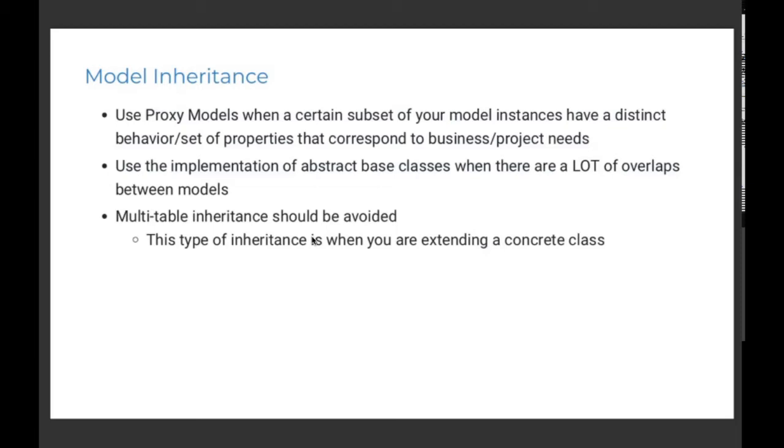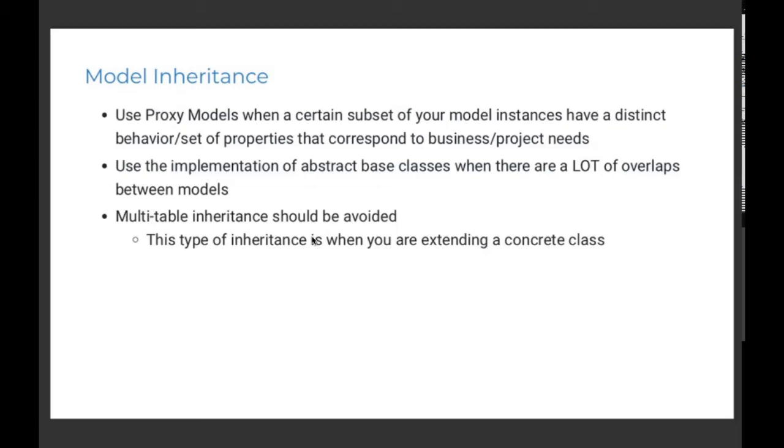So when you're using proxy models, you're extending a concrete class, but you don't do multi-table inheritance. Instead, you're just creating an object that acts like your original concrete class.